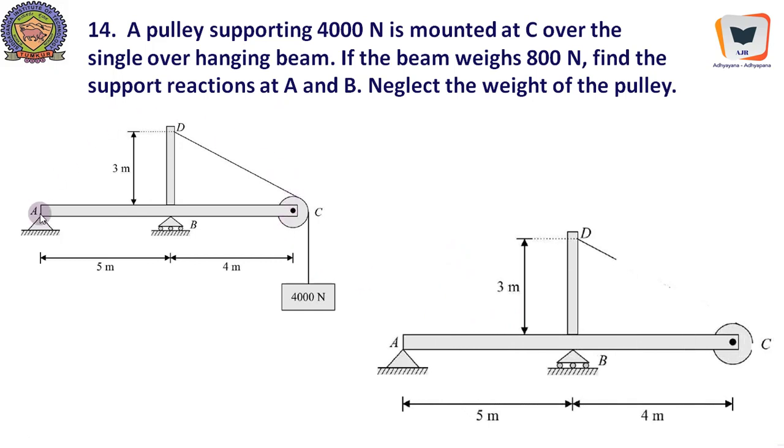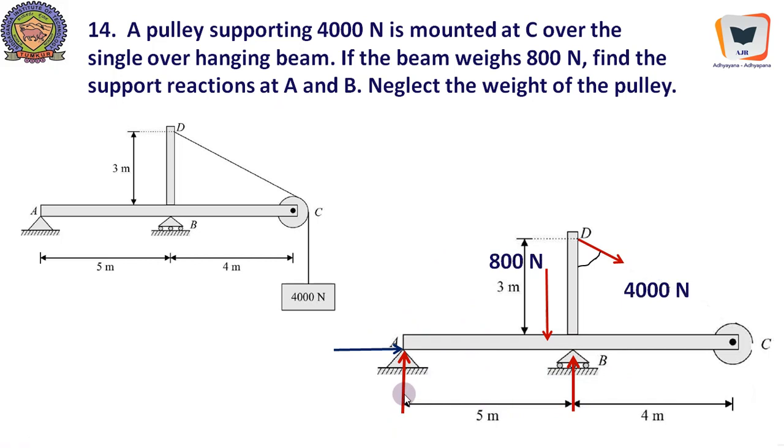Now, the same figure, same beam loaded as shown in the figure here, with all this thread and a pulley and a weight being hung over here, can be replaced by a very simple diagram, and here there is a tension acting along the wire, and this tension should be none other than 400 kilonewton. And here the weight of the beam acts exactly at 4.5 meters, because the total span is 9 meters.